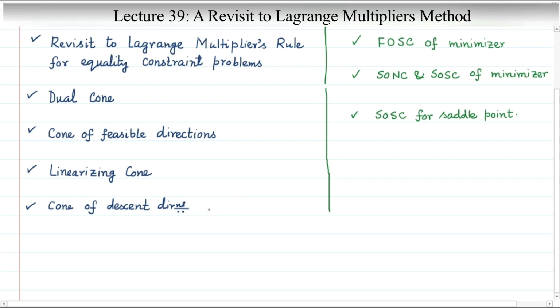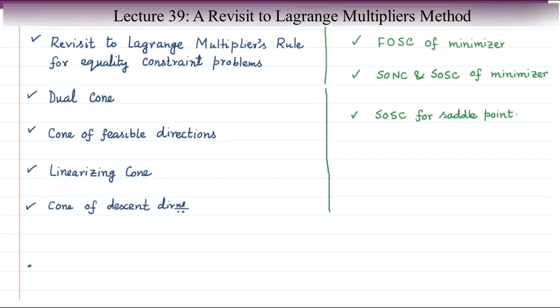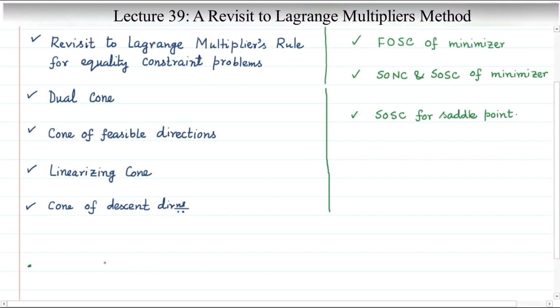What we have learned in our basic calculus course is the following. Suppose a problem of this type is given: find a local minimum of a function f(x) subject to a few equality constraints h_j(x) = 0.